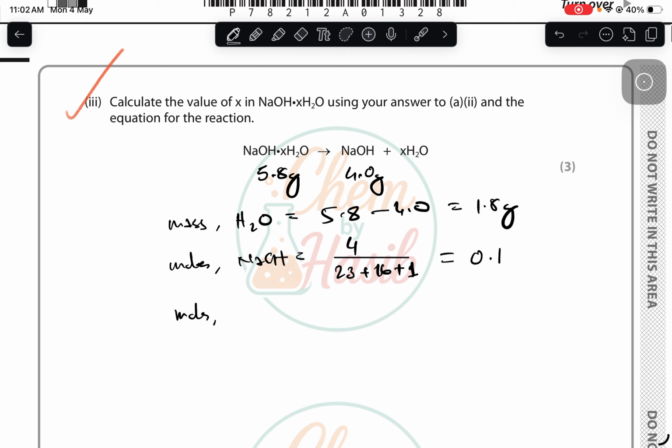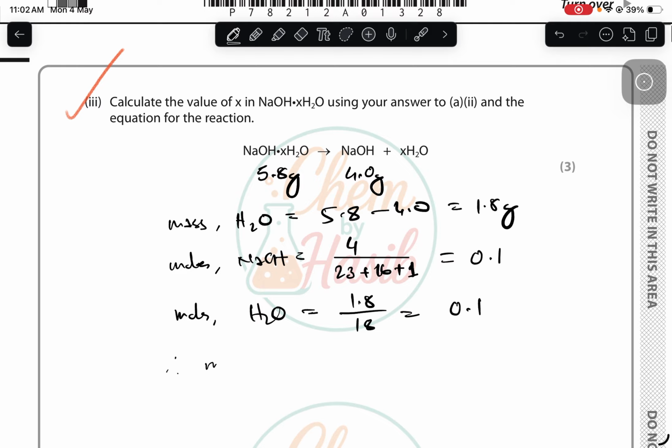Then you find the moles of water. Moles of water is 1.8 divided by the molar mass of water, which is 18. 1.8 divided by 18 is also 0.1.